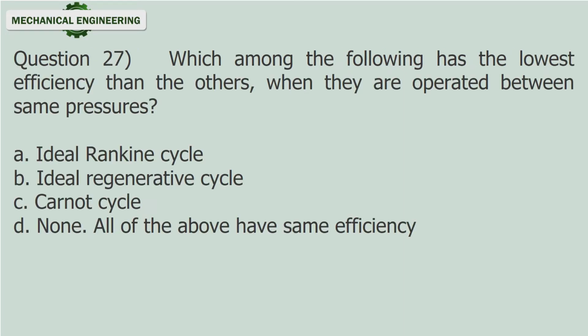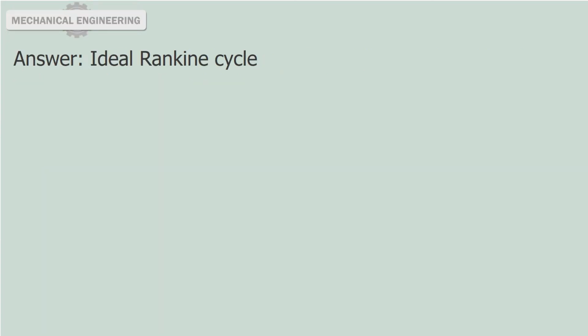Question 27. Which among the following has the lowest efficiency than the others when they are operated between same pressures? A. Ideal Rankine cycle. B. Ideal regenerative cycle. C. Carnot cycle. D. None. All of the above have same efficiency. Answer: ideal Rankine cycle.